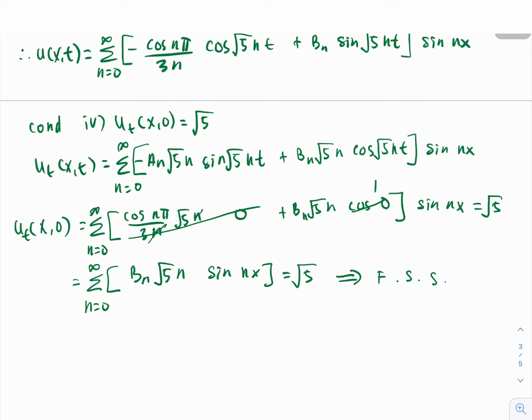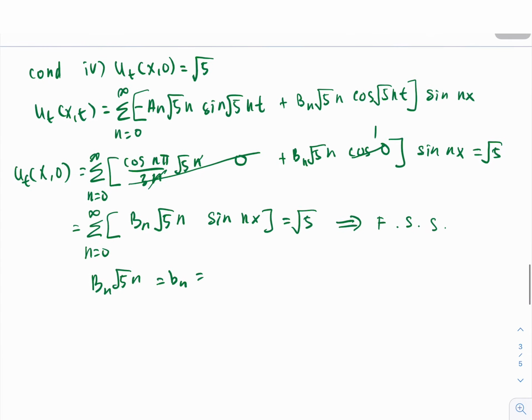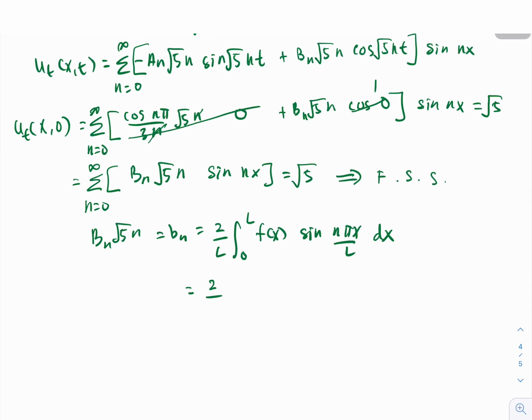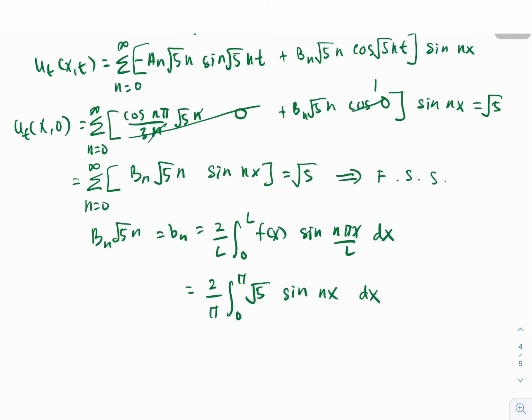Now we have our b_n z5 n, which actually is equal to the small b_n, which is equal to 2 over L, integral from 0 until L of f(x) sin(n pi x over L) dx. So our L equals pi, so 0 until pi, and our f(x) is z5 given here, multiplied by sin(n pi x over pi), so sin nx dx.